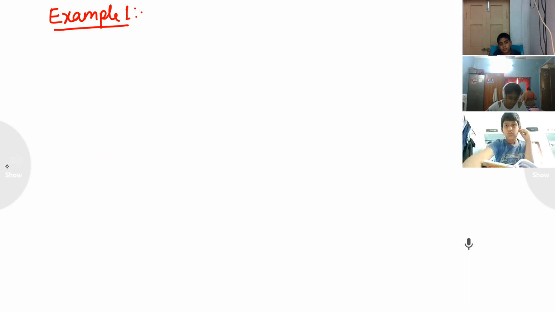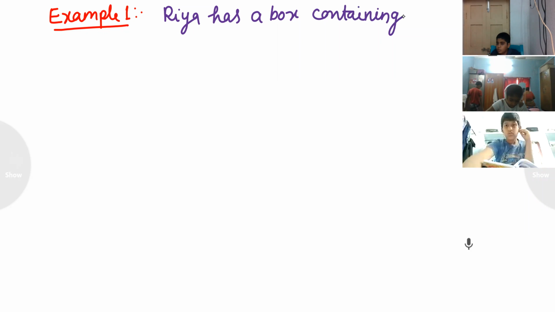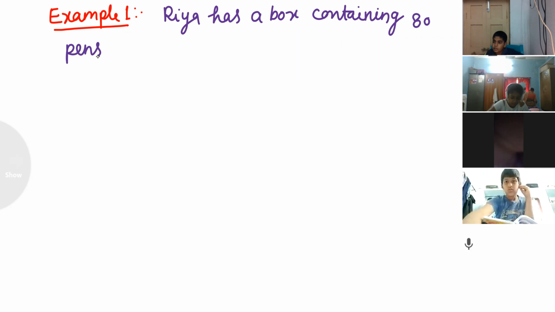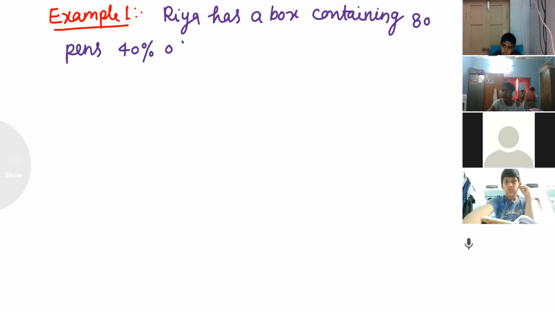Ria has a box containing 80 pens. 40% of pens are red.